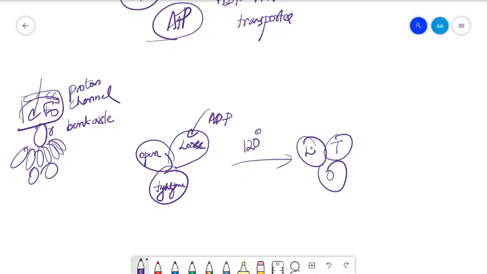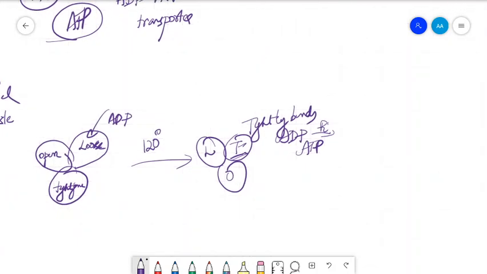The tight form tightly binds ADP, and ADP is phosphorylated to form ATP. And now, by another rotation, the open form releases the ATP.